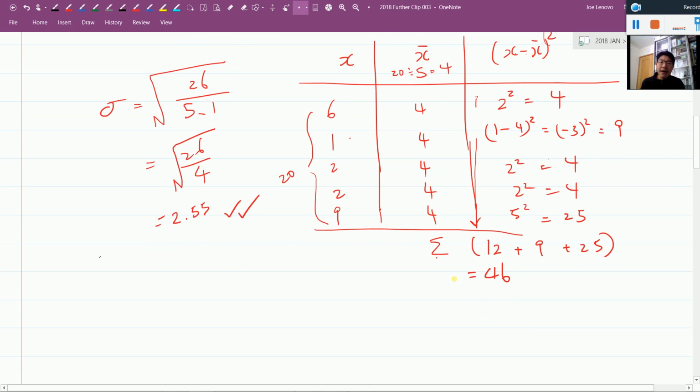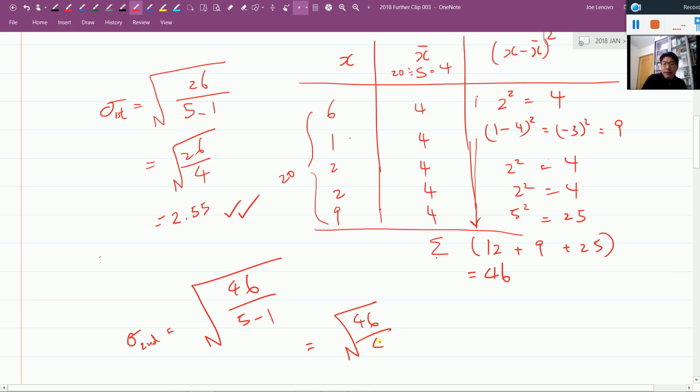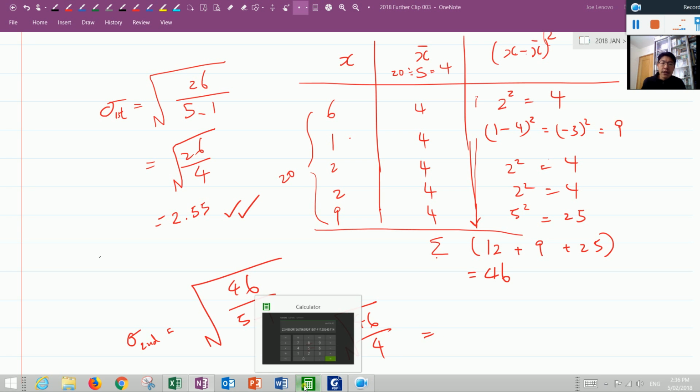So let's say this is sigma from the first school, and sigma from the second school would equal the square root of 46 divided by also 5 entries, take away 1. We have the square root of 46 over 4, which equals, I have no idea, 46 divided by 4.